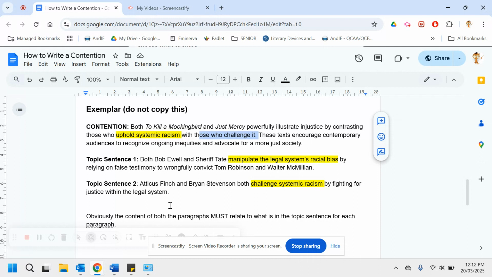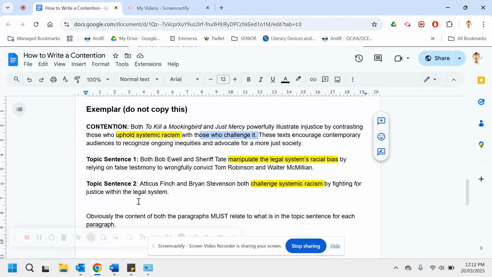You could literally just do your whole essay on how prejudice is evident in both of the texts, or how courage is evident in both of the texts. And you don't even have to do it with a character focus. Obviously, you're going to talk about the characters, but you might like to do it on a themes focus, linking to those broader concepts. There are plenty of ways that you can go about this.